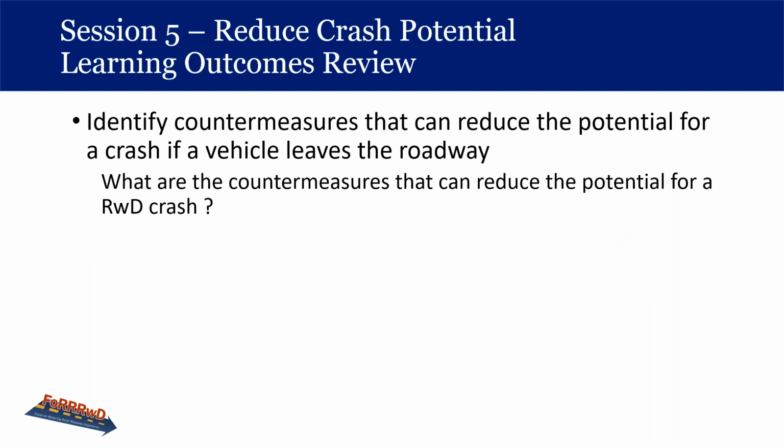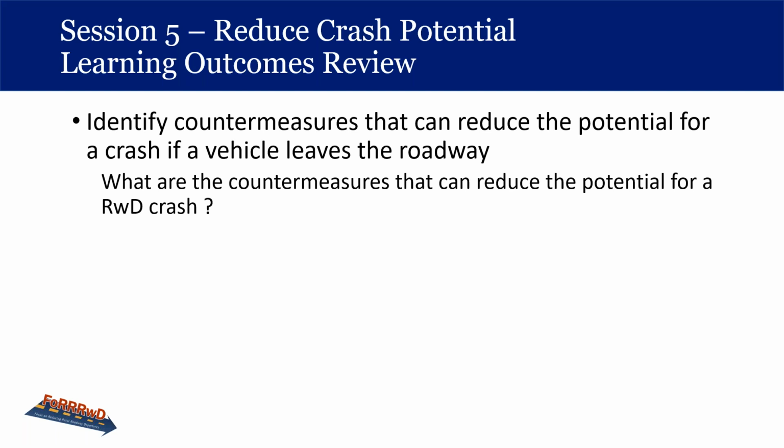Okay, well, let's do a learning outcome review here. As far as identifying countermeasures that can reduce the potential for a crash if a vehicle leaves the roadway, what are the countermeasures that we talked about that can reduce the potential for a roadway departure crash? Let's have some answers in the question box.